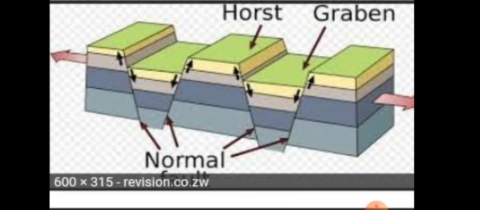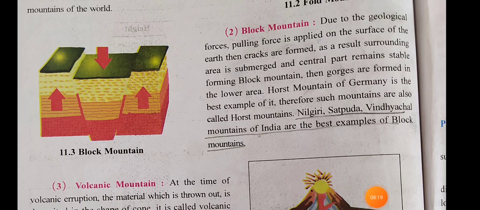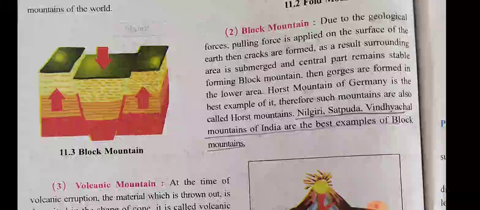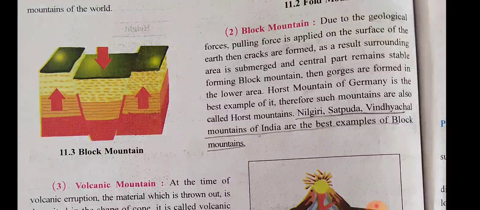The upward block is also called horst. So for the block mountain, due to geological forces, pulling forces are applied on the surface of the earth, and cracks are formed. As a result, the surrounding area is submerged and the central part remains stable, forming a block mountain. Then gorges are formed in the lower area.